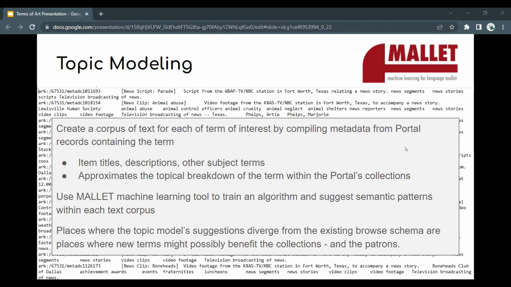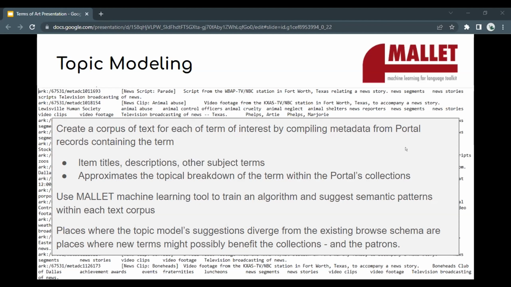So this metadata included fields like item titles, descriptions, and any subject terms that were not part of the UNTL-BS schema. And the idea was that these text snippets, when taken in aggregate, would at least approximate the aboutness of the term, and that by conducting topic modeling on the corpus, I would be able to gain some sort of insight into the relative topical breakdown of each of my target terms.